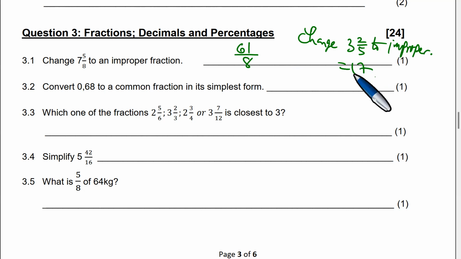The answer becomes 17 out of 5. Okay, convert 7 and 1 out of 3 to an improper fraction. So 22 over 3. Yeah, it is 22 over 3. Well done.